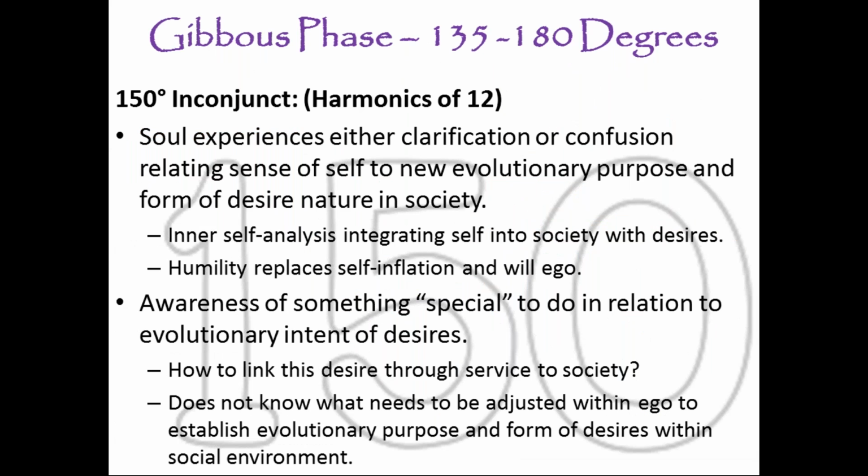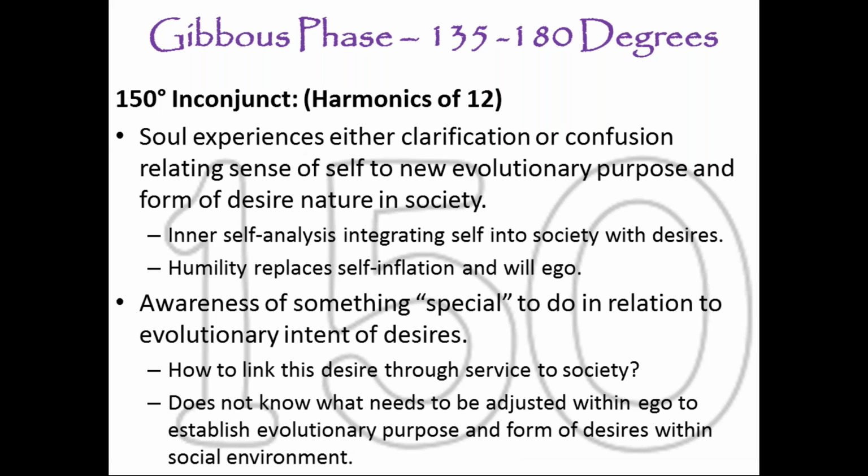And next we come to the waxing inconjunct, as I call it. At this point, this is going to represent the Mars-Pluto aspect, where the soul will either experience confusion or clarity in relating the sense of self to their new evolutionary purpose, form of whatever their desired nature is, and manifesting that out into society.